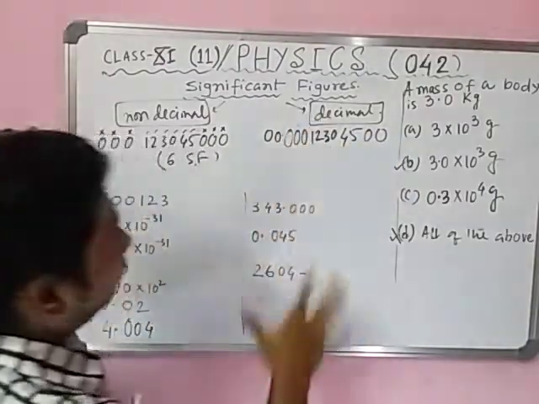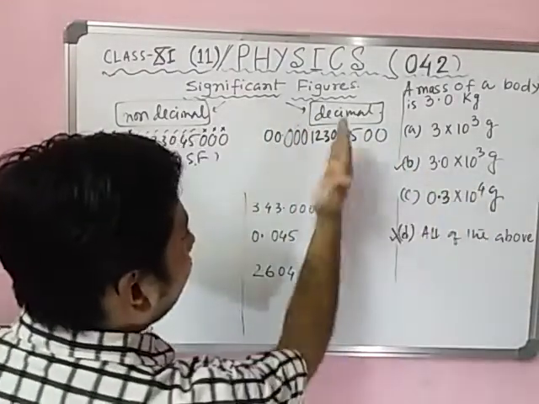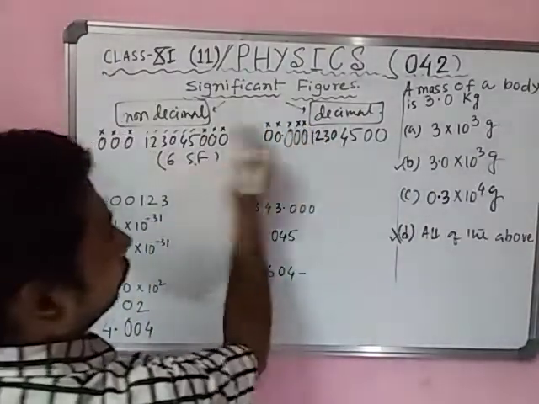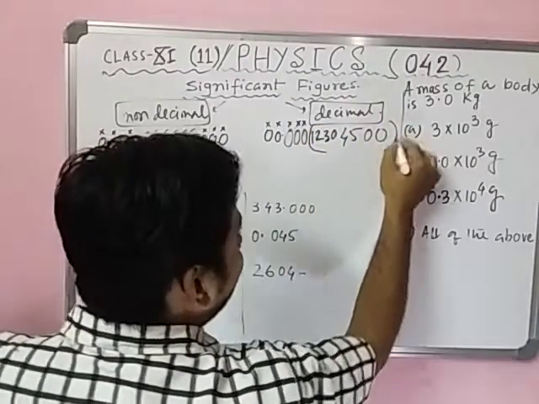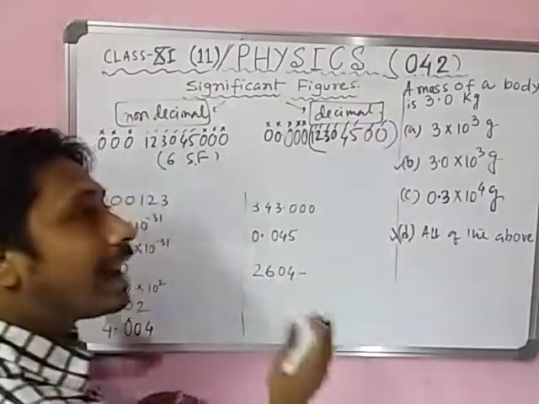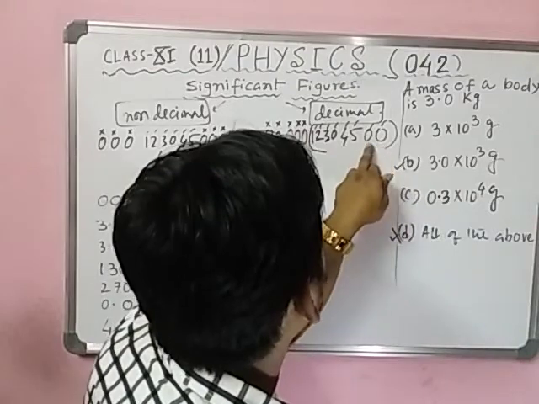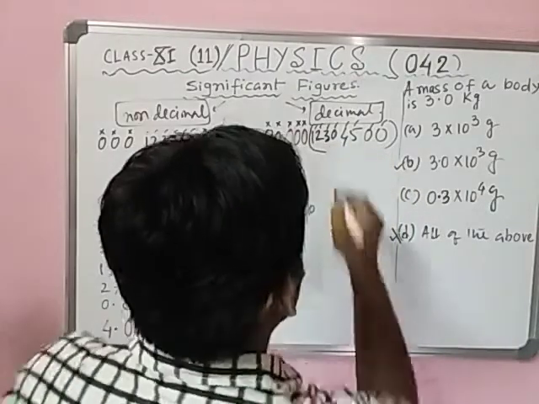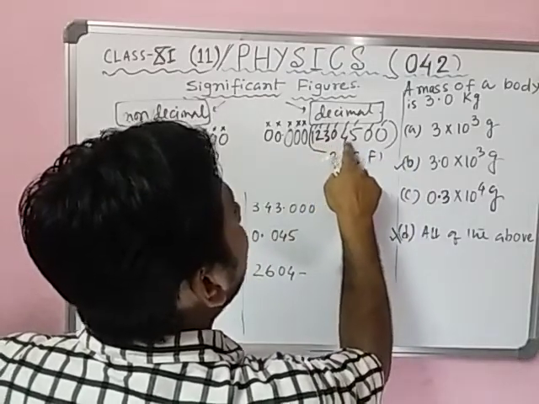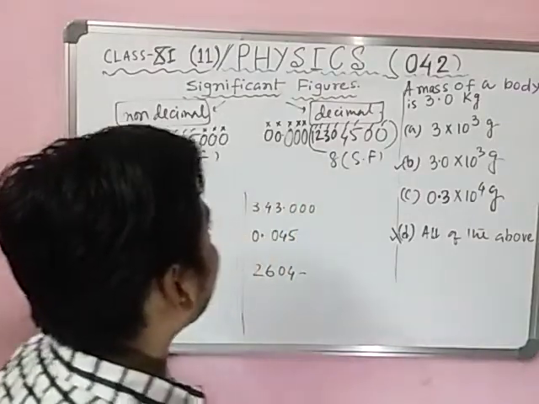If the number is a decimal number, then you can ignore the front zeros, that's all. Just cross them out and take only the remaining digits: 1, 2, 3, 4, 5, 6, 7, 8. The last zeros you have to count as well, because there is a decimal point. So there are 8 significant figures.